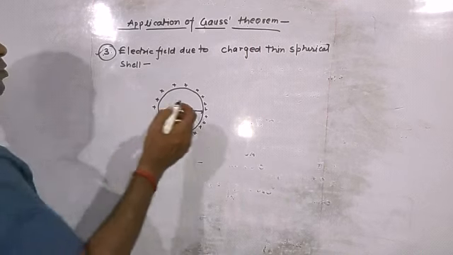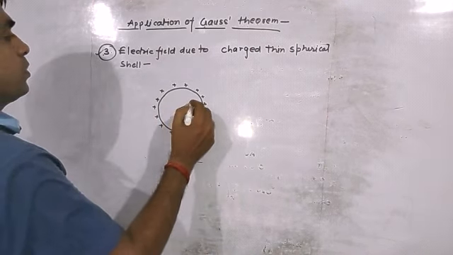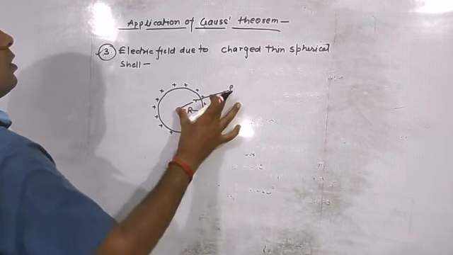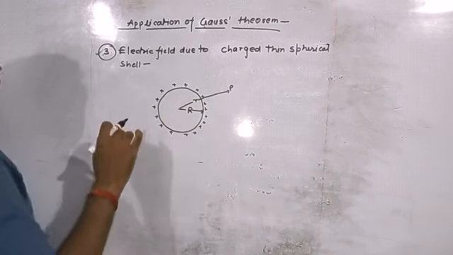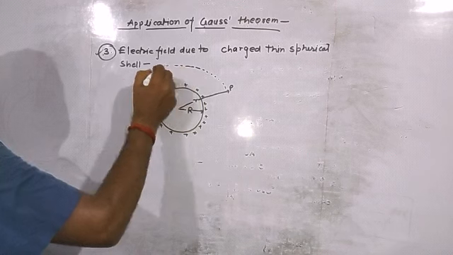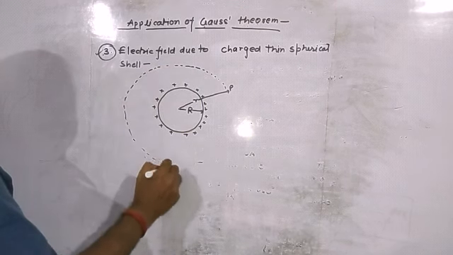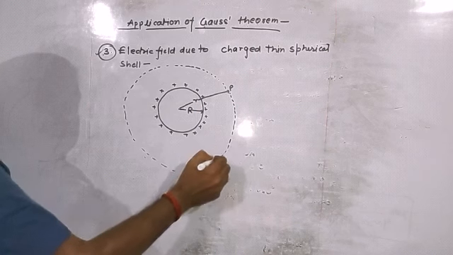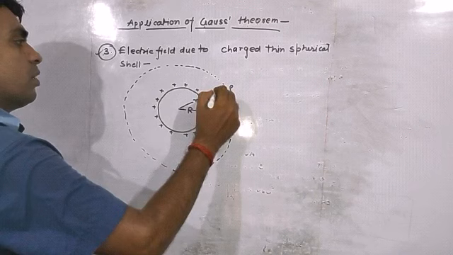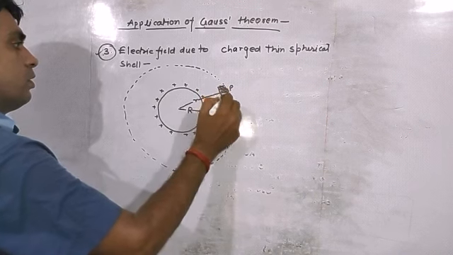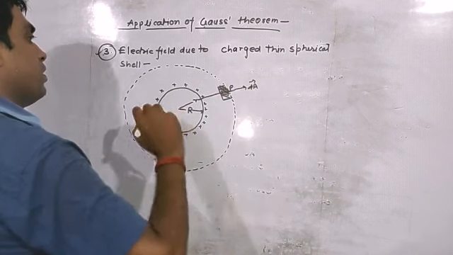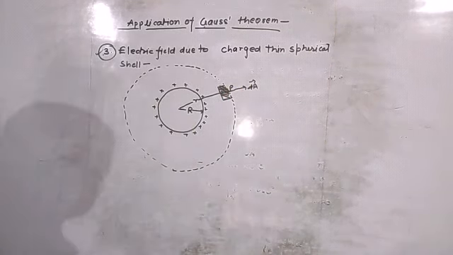Now suppose that we wish to find out the electric field intensity due to the charged thin spherical shell somewhere, say at P. By taking this distance r as the radius, we will construct a Gaussian spherical surface. And at point P we have to choose a small surface area dA where the electric field intensity is to be determined.